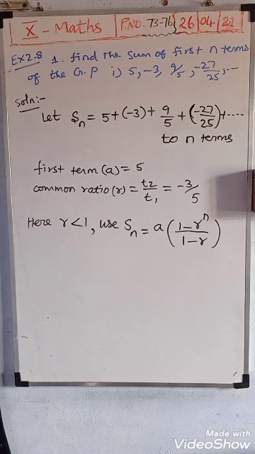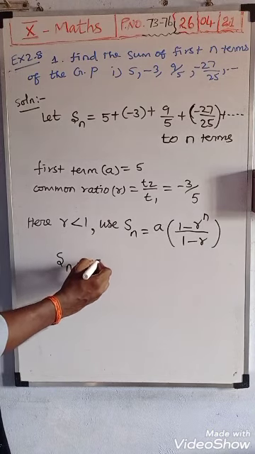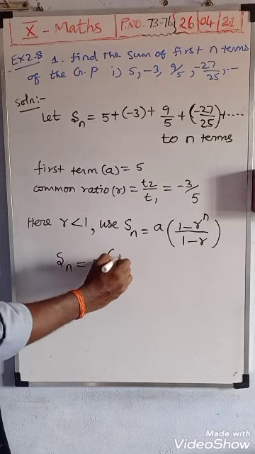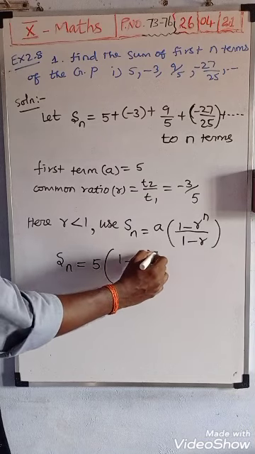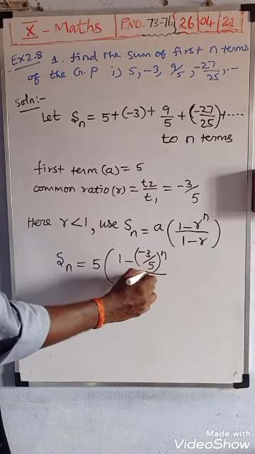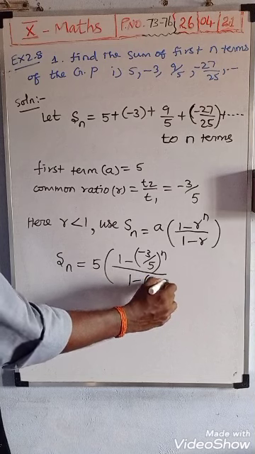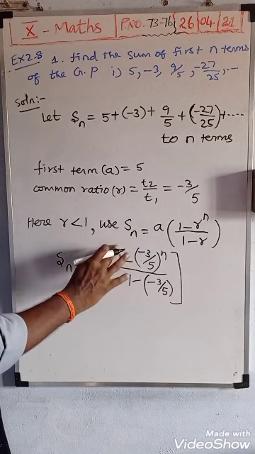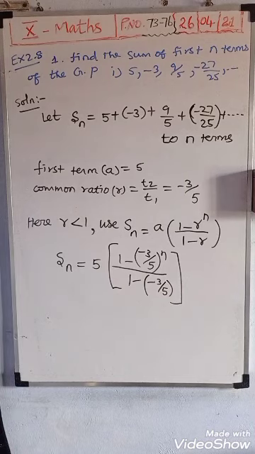Now substitute the values in this formula. So Sn is equal to a, which is 5, of 1 minus r, which is minus 3 by 5, whole to the power n, divided by 1 minus of minus 3 by 5. Close the bracket. After that you simplify this.